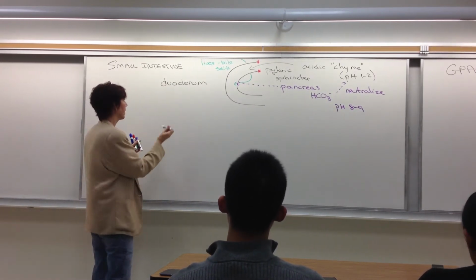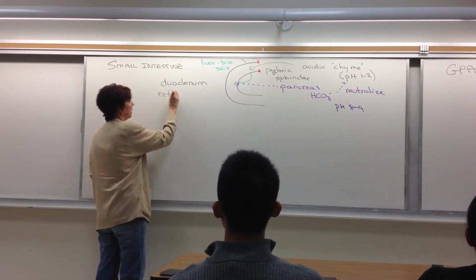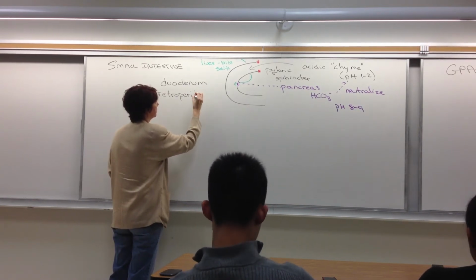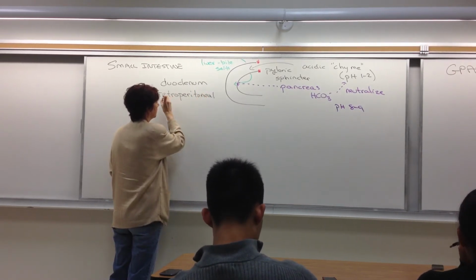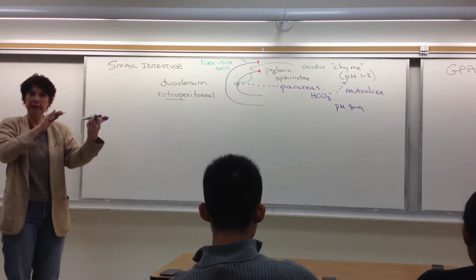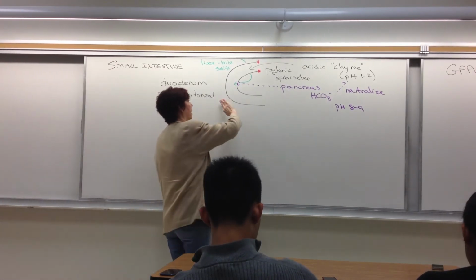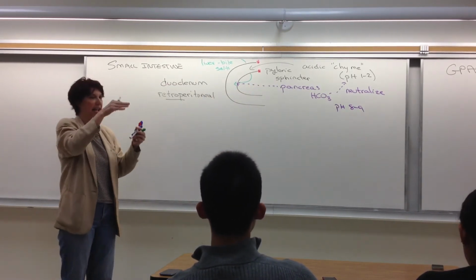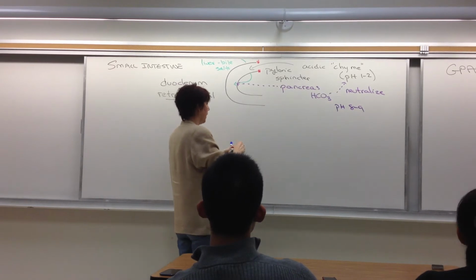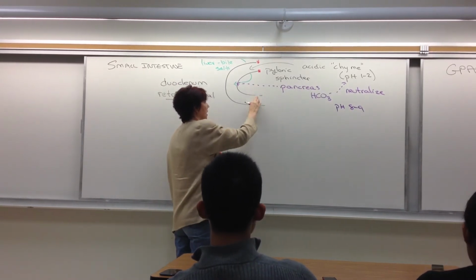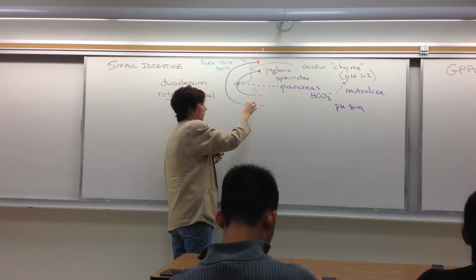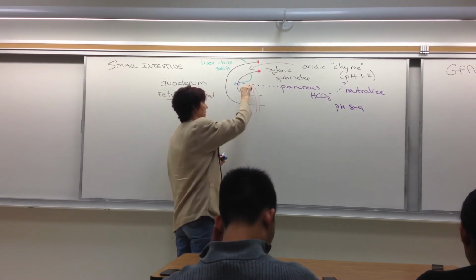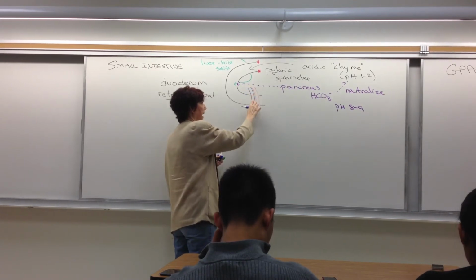The duodenum is our first retroperitoneal structure. Okay, so it's been fused to the posterior abdominal wall and has peritoneum just on its anterior surface. At the end of the duodenum, right about where we see the superior mesenteric artery and the superior mesenteric vein cross over from behind the stomach.